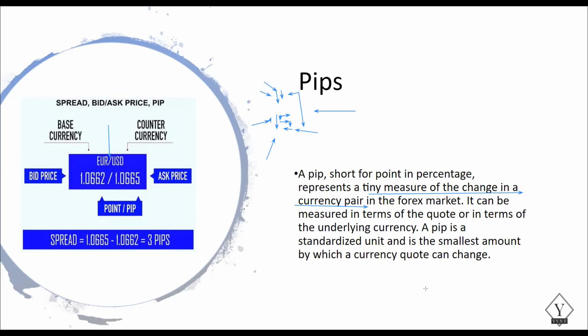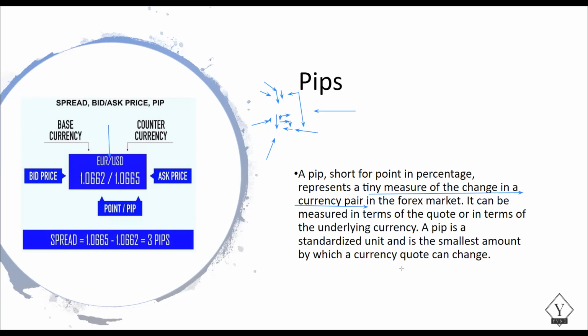A pip is a standardized unit and is the smallest amount by which a currency code can change, right? So the currency pair can move 100 pips, but in the real world, that 100 pips didn't make a lot of change in the market, right?